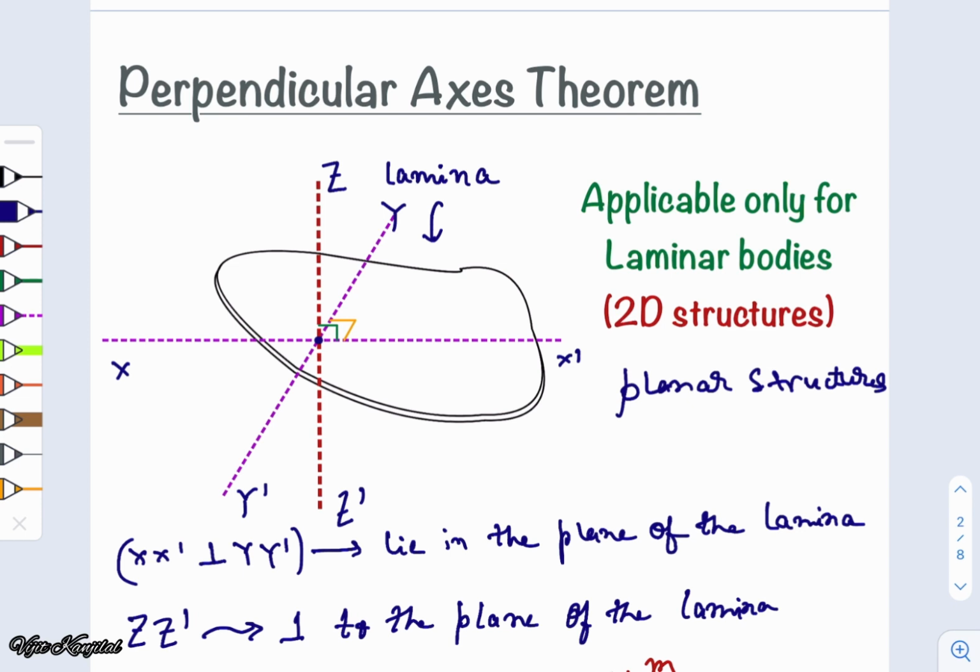So all three axes x dash, y dash and z dash are mutually perpendicular to each other, and x dash and y dash lie in the plane of the lamina, and z dash is perpendicular to the plane of the lamina.